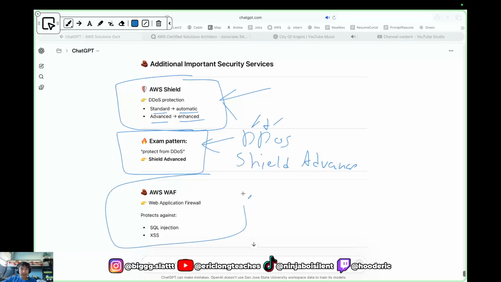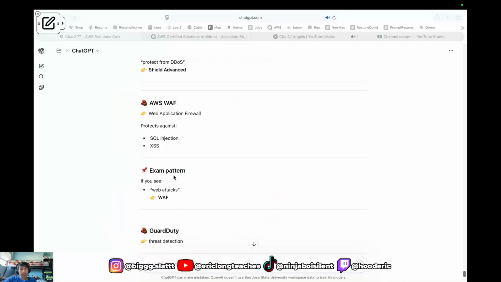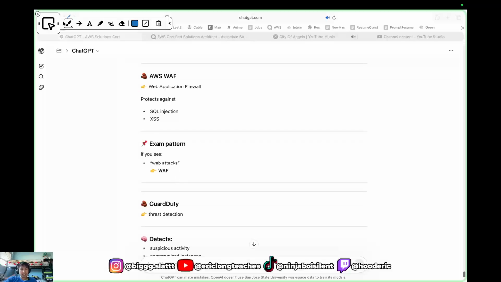Alright, next is AWS WAF, which stands for Web Application Firewall. So this protects against XSS and SQL injection.